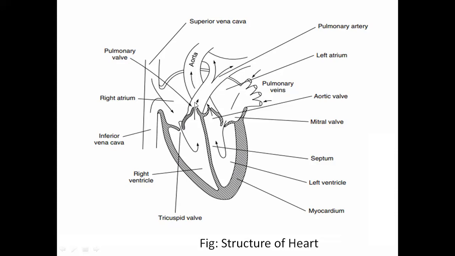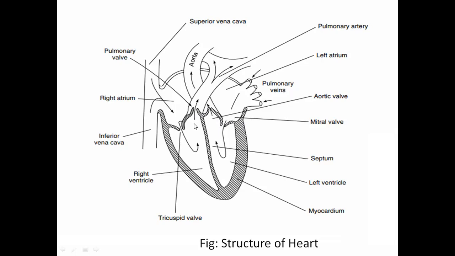Valves are usually for opening and closing of the blood flow. Similarly, on the left side we have two valves. This is the mitral valve, and this is the aortic valve.